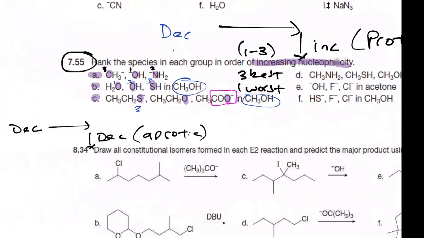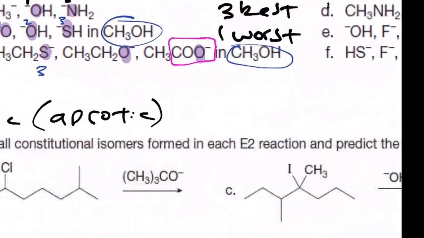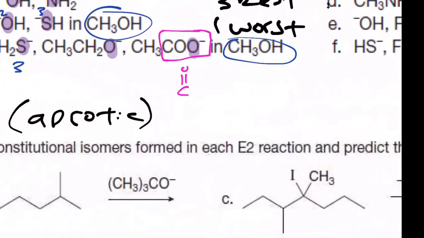And so it's that ester oxidation state. So COO actually looks like this: C double bond O, and then O minus, right? That's just a way to abbreviate it. So if you compare that to this, which is just CH2.